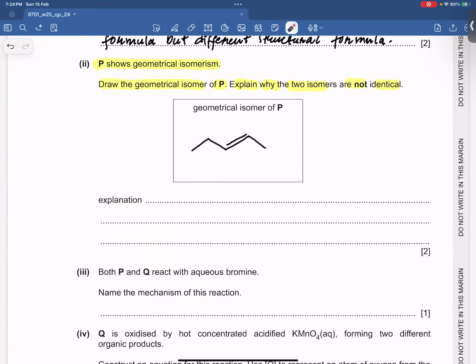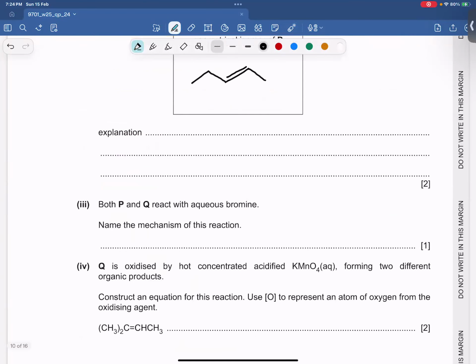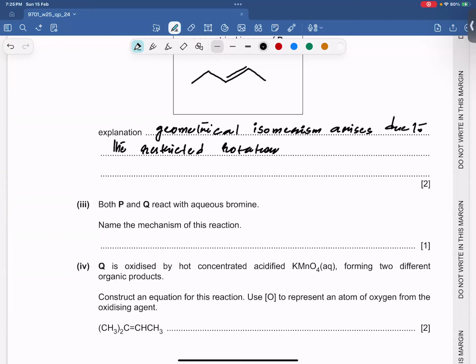Geometrical isomerism arises because of the restricted rotation of double bond around its axis.